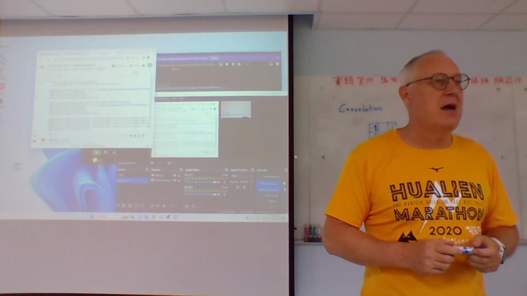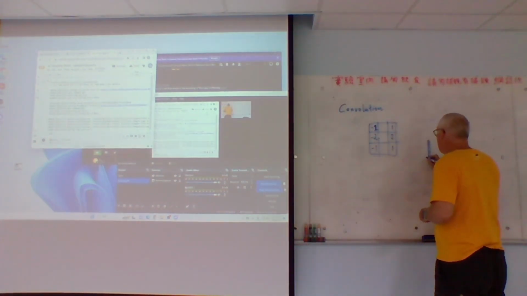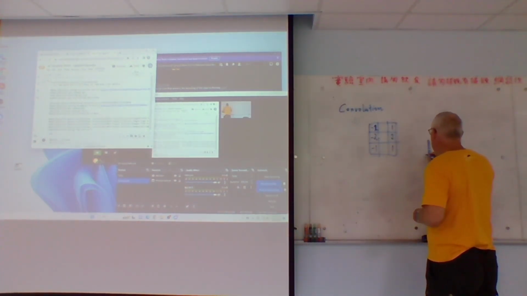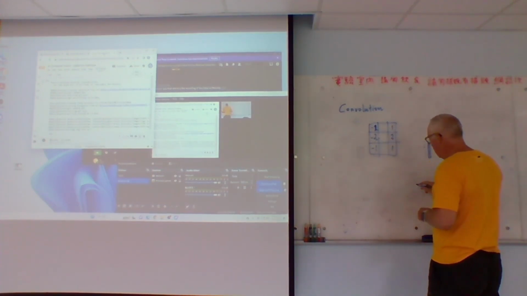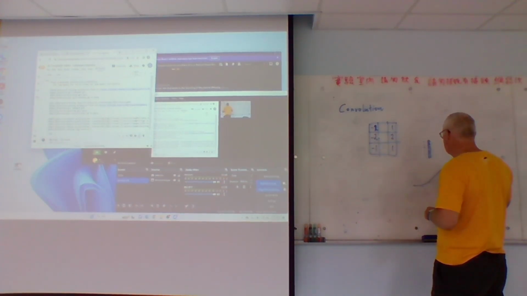We're only sampling certain points in our image. That's where I have the pixels, that's where I have the sensor, something like this, for example. Then the actual changes in brightness may look like that.